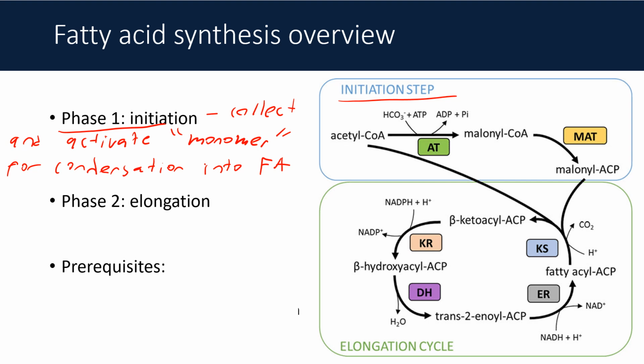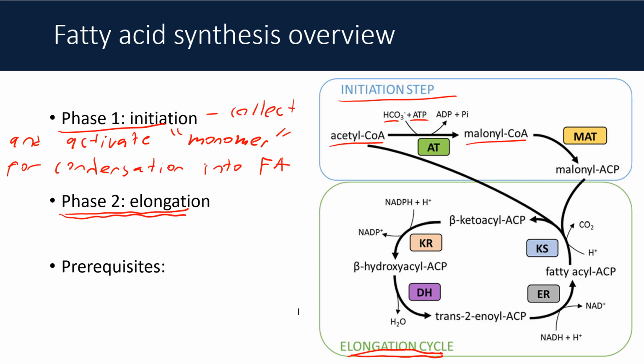And we have a description of that over here on the right. We're going to sequester acetyl-CoA and activate it with bicarbonate and ATP to form this activated unit malonyl-CoA, which is going to participate in the next step called elongation.